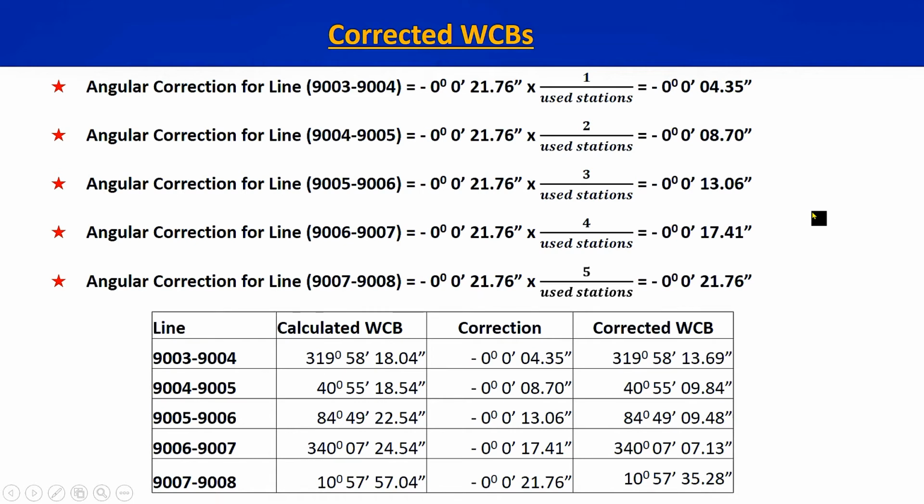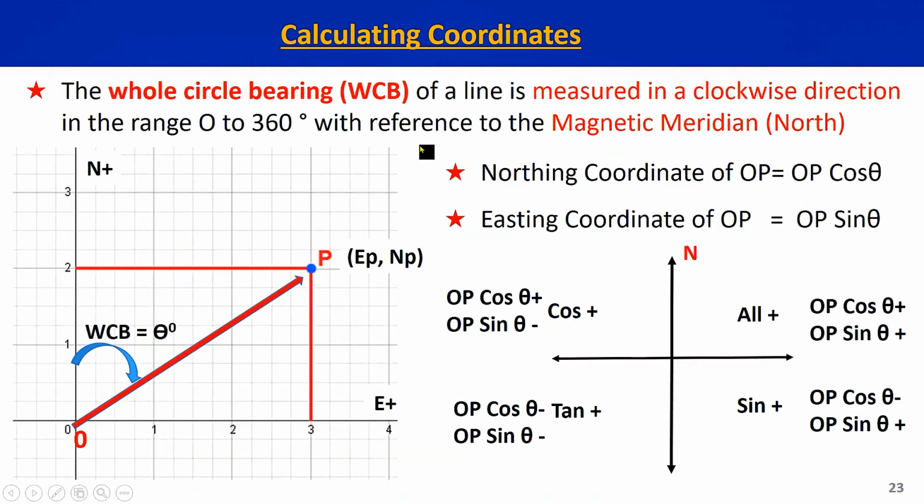For that, we need to calculate the coordinates. The whole circle bearing of a line is measured in a clockwise direction in the range of 0 to 360 with reference to the magnetic meridian. Accordingly, we can find out the signs for the quadrants, right? So if our traverse leg is in the first quadrant like this, all the trigonometric ratios you find are positive.